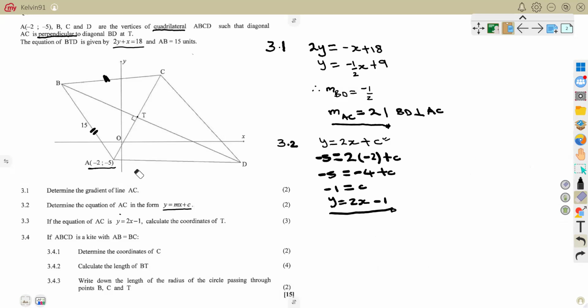Bear in mind, it is already established that the coordinates of this point are (4, 7). We know that T is the midpoint of AC.